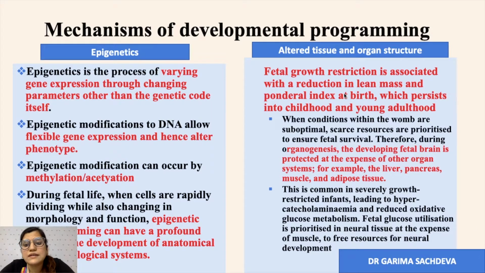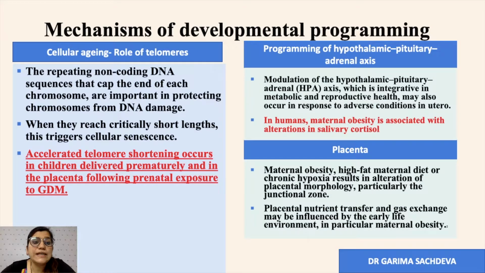So this is what happens when fetal growth restriction is there. In order to maintain brain development, other non-vital organs are compromised, and this later on affects the development of the baby.